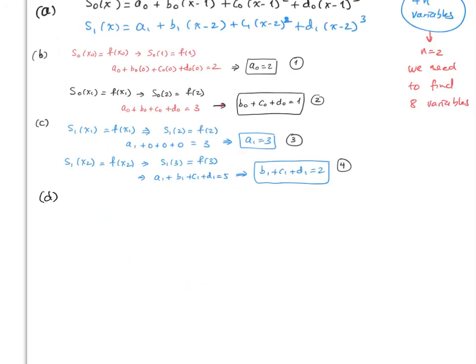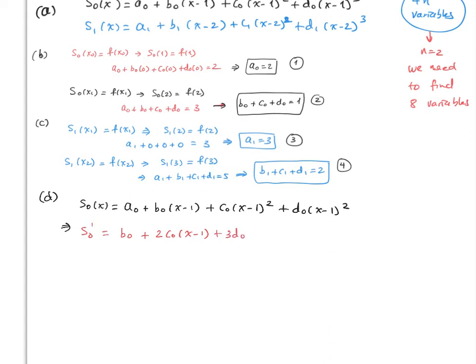Now in part D, we need the derivatives. Remember that s0 of x is equal to a0 plus b0 times x minus 1 plus c0 times x minus 1 squared, and so forth. So therefore the derivative is going to be equal to b0 plus 2c0 times x minus 1 plus 3d0 times x minus 1 squared.